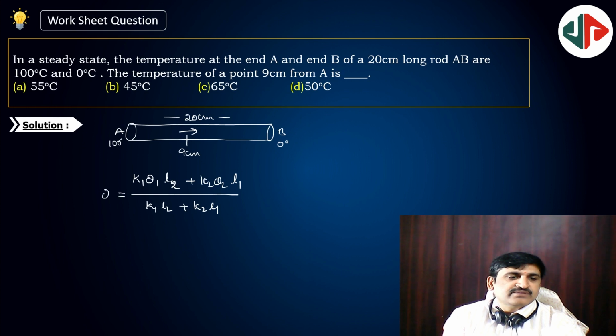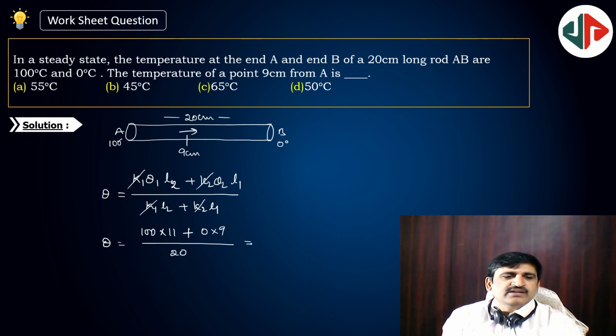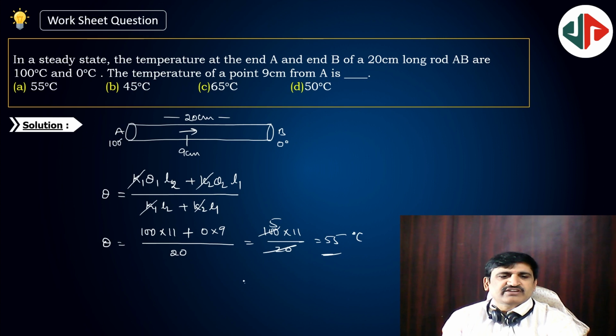Here K is the same, so K will cancel. Theta 2 is 0, so that term is 0. So it is 100 into 11 by 20, which is 55.